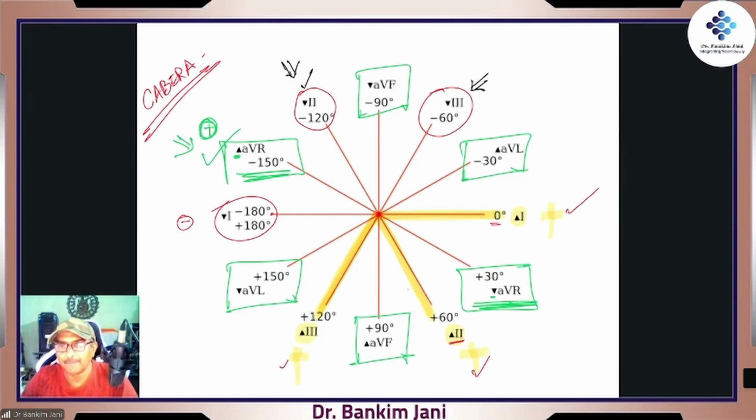I'm confused. See, this is lead 2, correct? Normal lead 2 is plus 60. The negative end of lead 2 would be minus 120. So do you mean this or this? Got it? Fine.